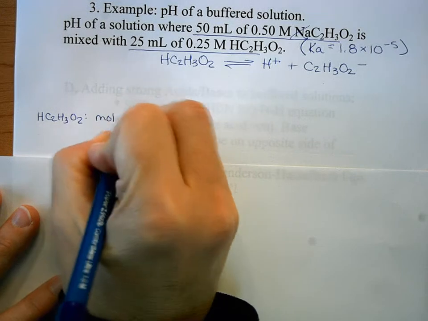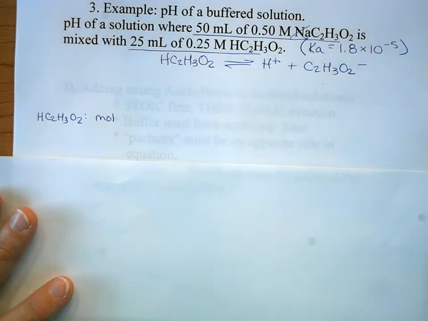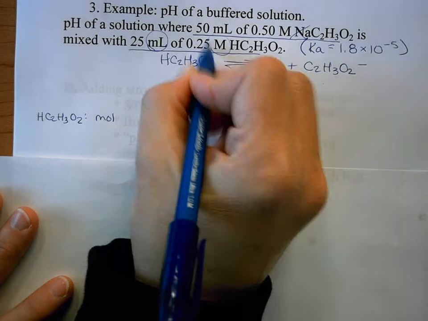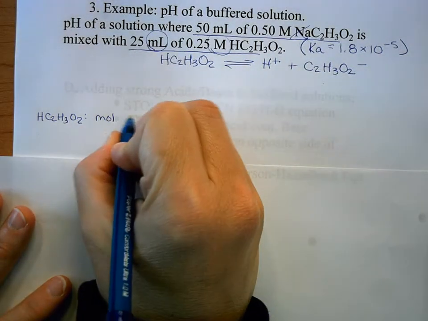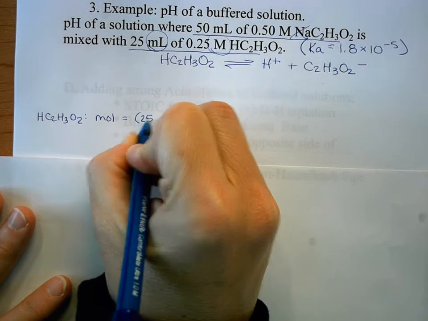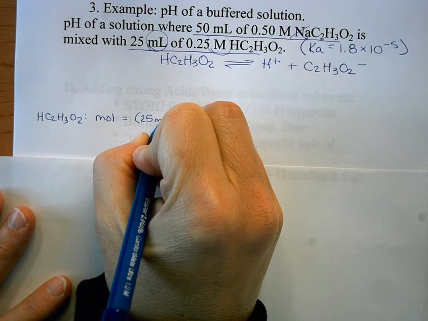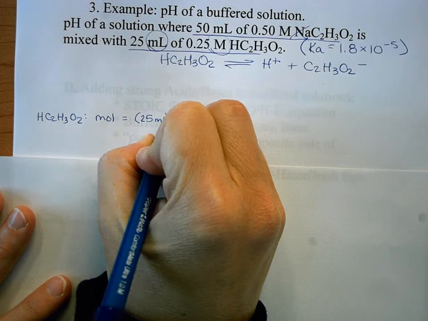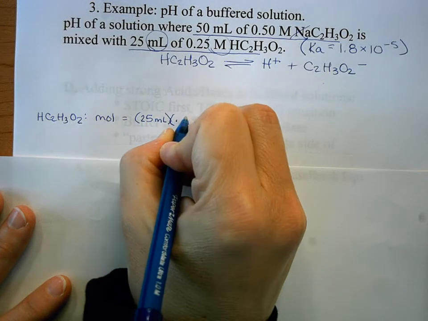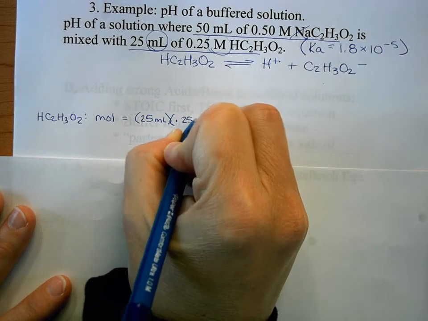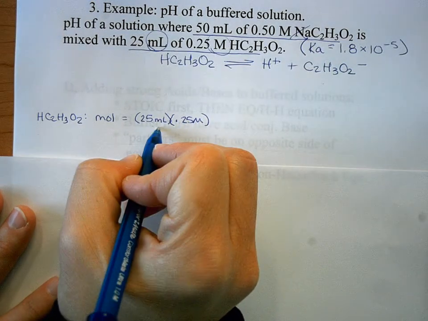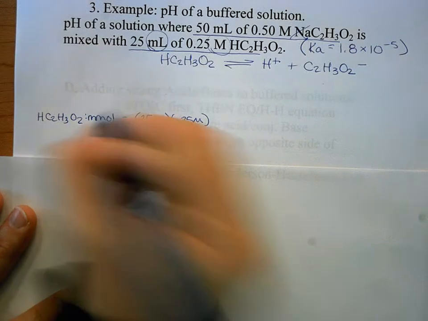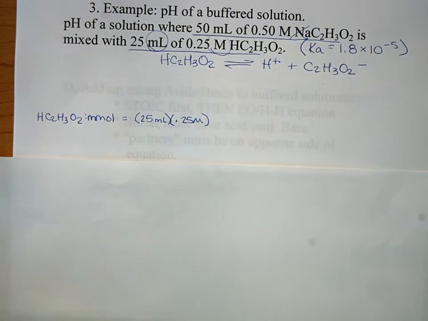When you're dealing with buffers and you've got milliliters and molarity to work with, you can just take the 25 milliliters and multiply it by my molarity, 0.25. Since I'm leaving it as milliliters, it gives me my answer in millimoles. You can work in millimoles with buffers.